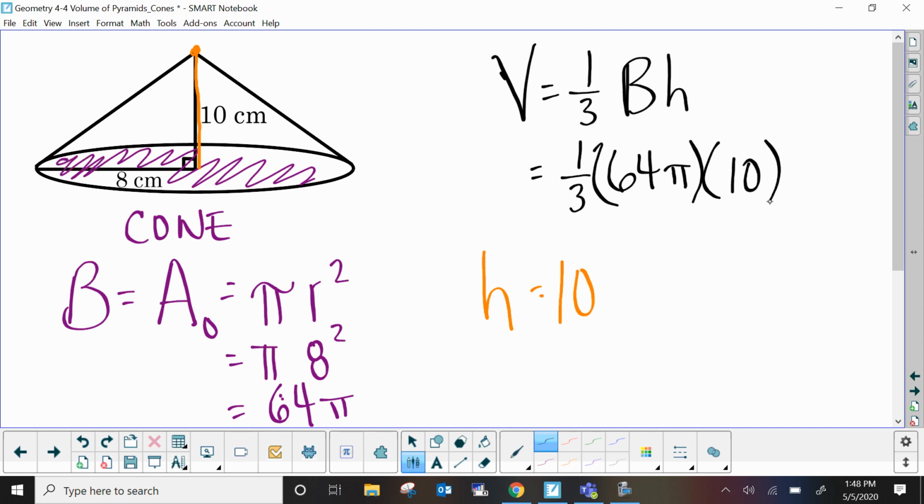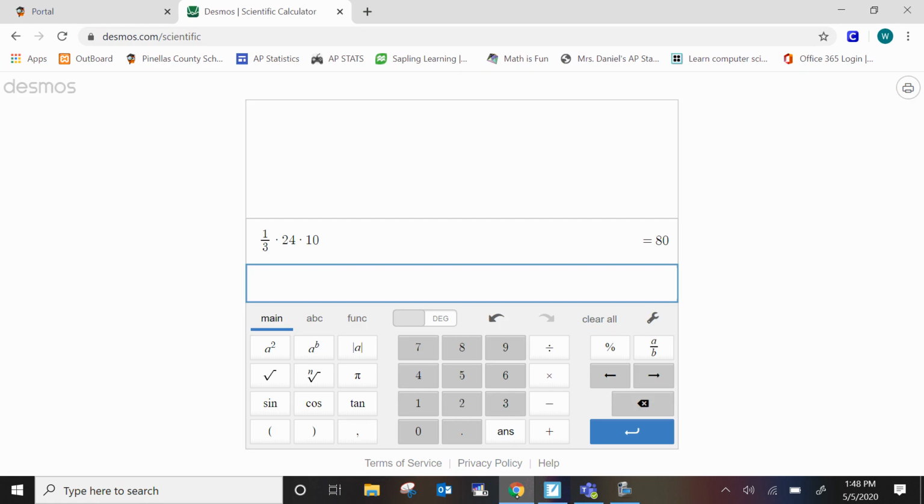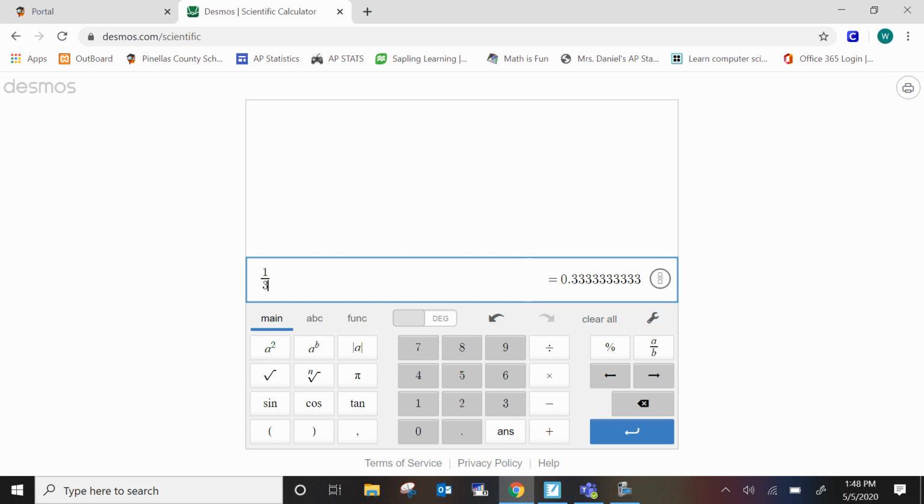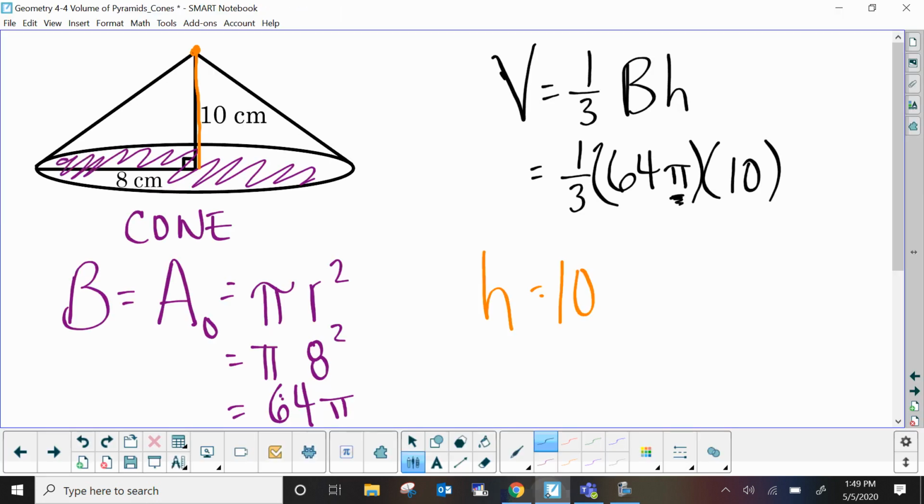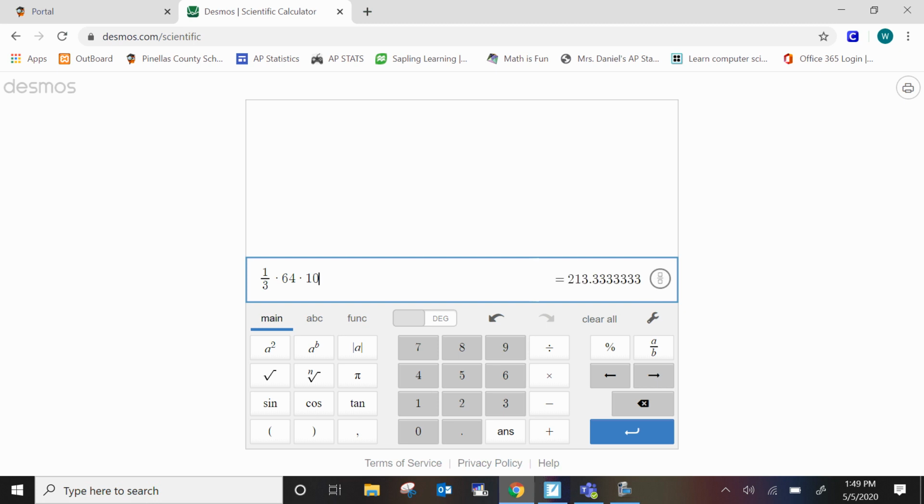All right, so I'm going to go to my calculator. Remember, I'm going to leave this in terms of pi, so I'm not going to use the pi button. I'm just going to leave that alone. So if I go to my calculator, okay, so 1/3, move my cursor over, times 64 times 10, since the height on this one was 10 again. All right, so right now it's giving me 213.33333.